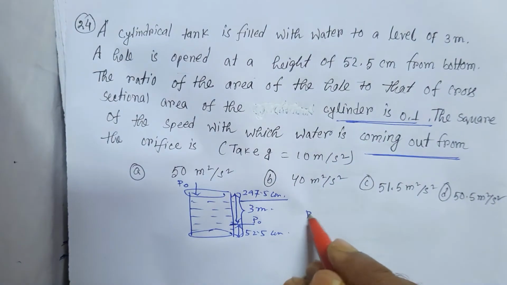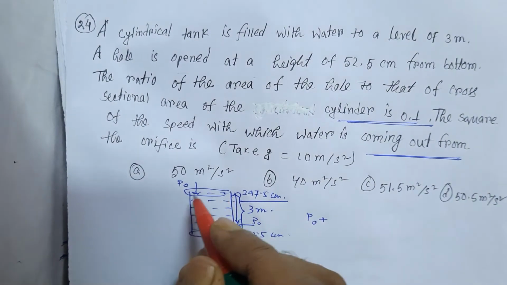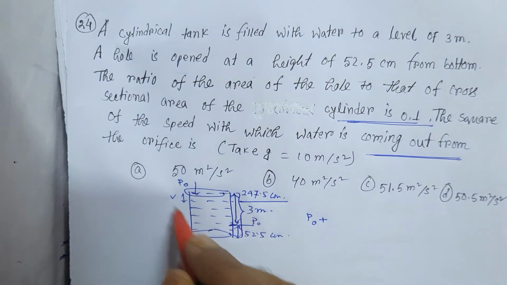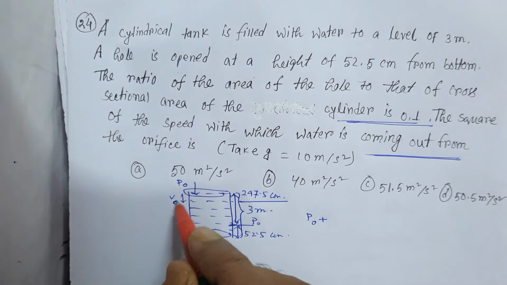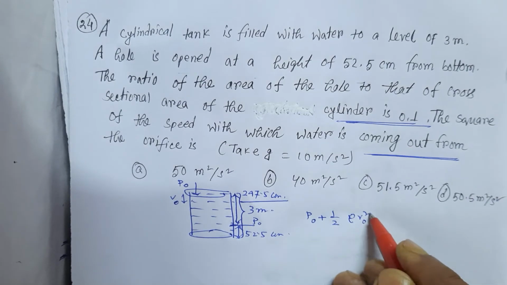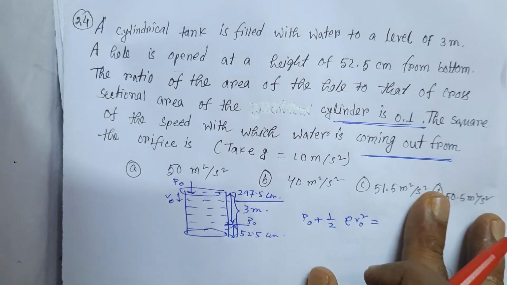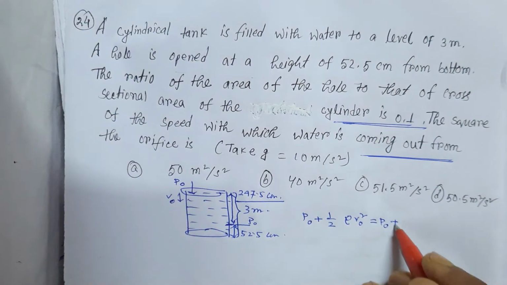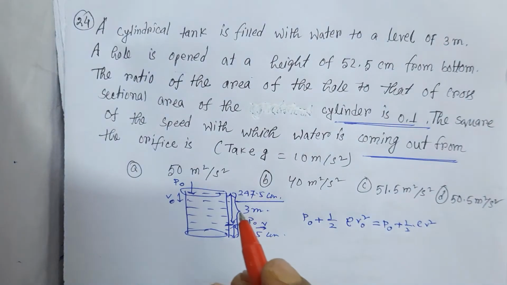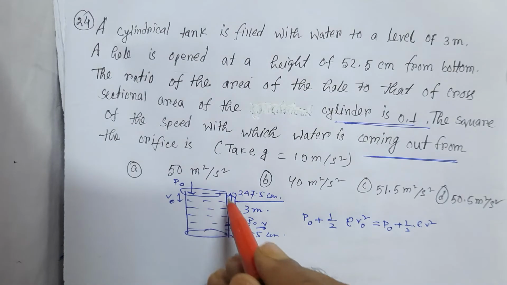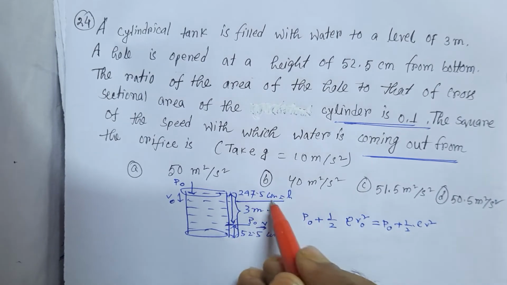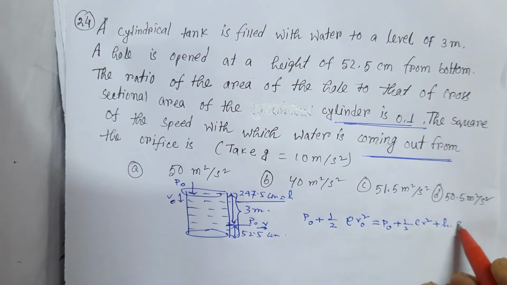So P0 plus half rho V0 square, where V0 is the velocity of the fluid, equals P0 plus half rho V square, where the flow velocity is V, plus the height, let the depth be h, that is 247.5 meter, plus h rho g.